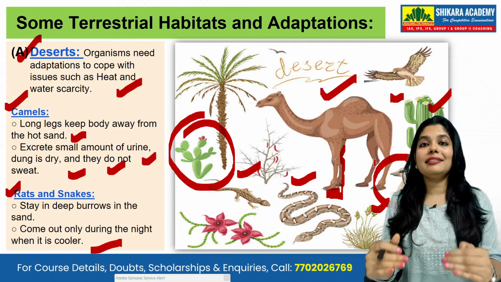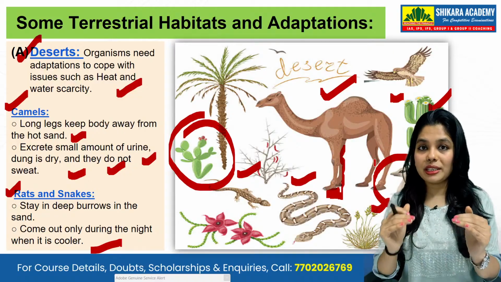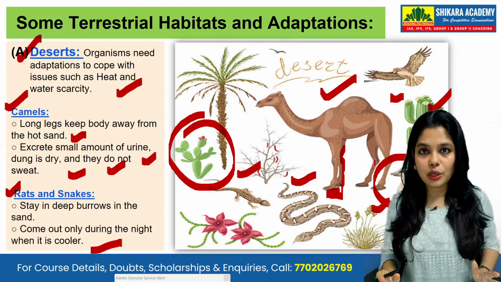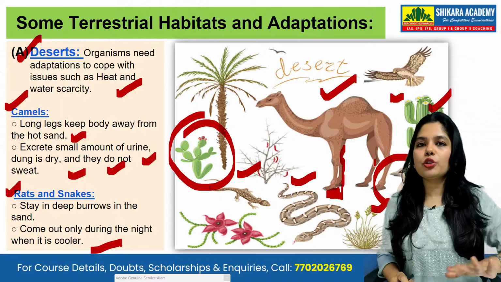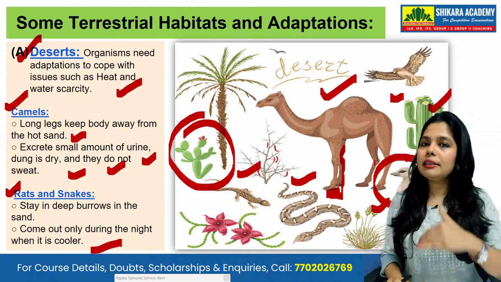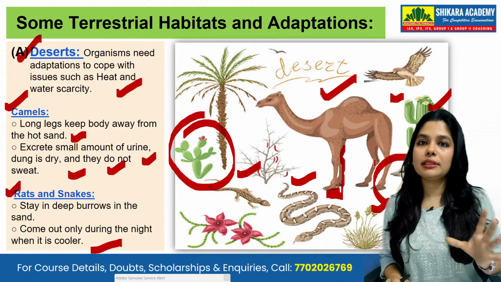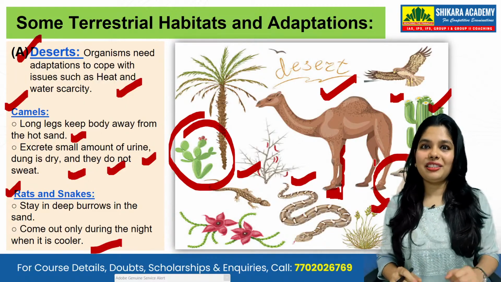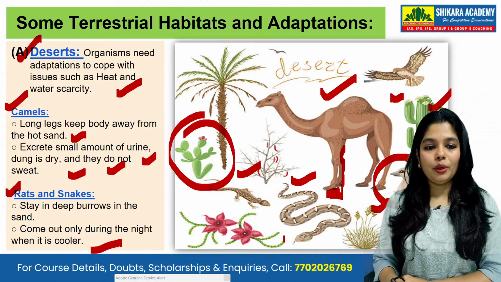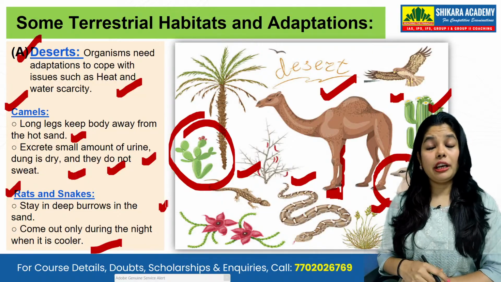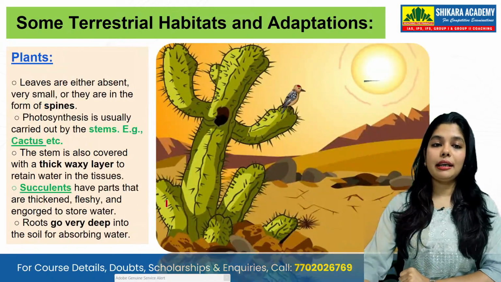And when there is night, they come out, because nights in the deserts are actually cold, just the reverse of the daytime. Suddenly the temperature drops at night, and you will feel the cold temperature at night in Rajasthan. So this is the condition by which they are able to stay. These are the adaptive processes.